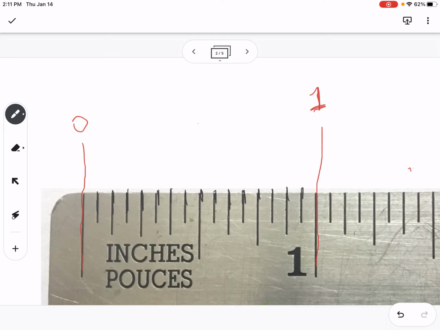So we said every one of these little pieces, like this piece right here, is going to have a bottom number of 16, because 16 make a whole, and every single one of them would be 1/16 of an inch.